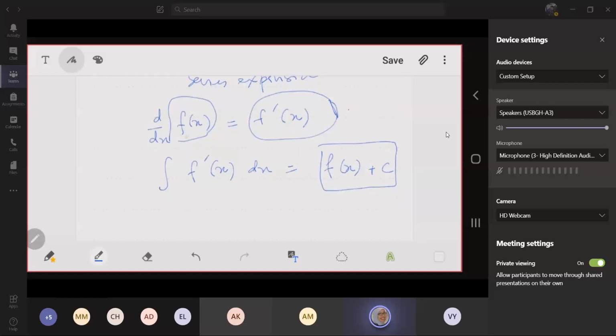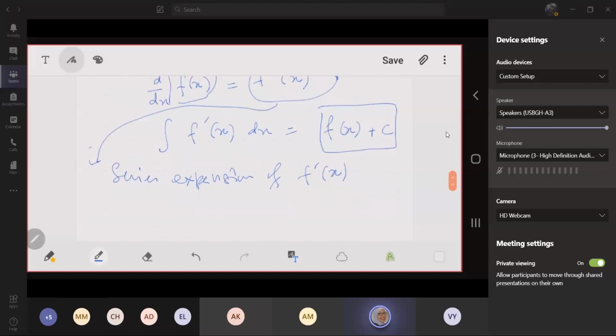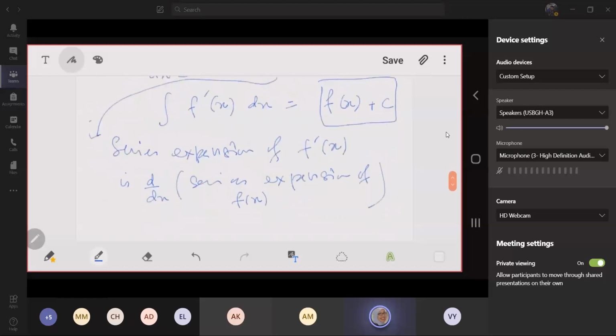It would be to differentiate the series expansion of that. The series expansion of f prime of x is d by dx of the series expansion of f of x.